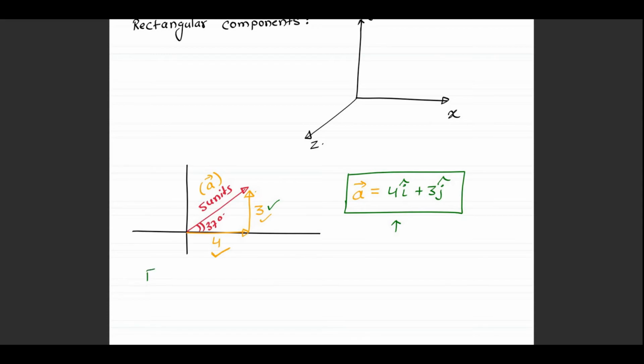Right? So for a 2D vector, any vector P can be represented as Px i cap plus Py j cap. Correct? This is known as X component.